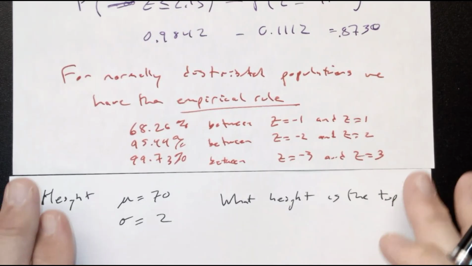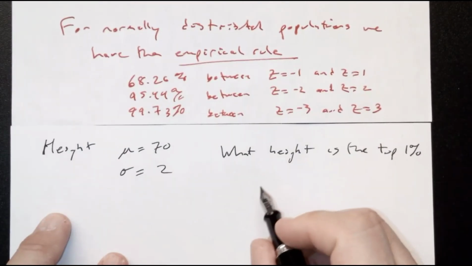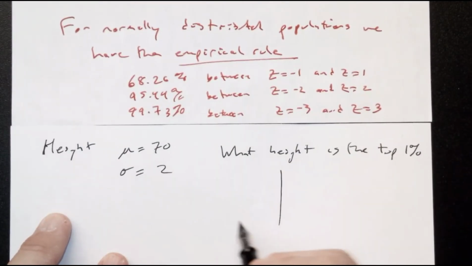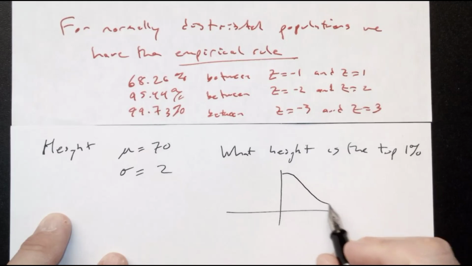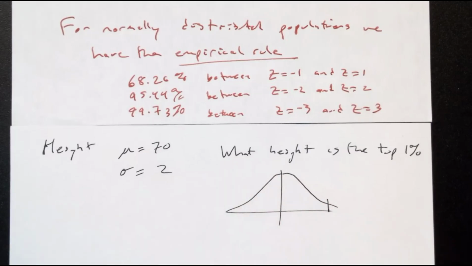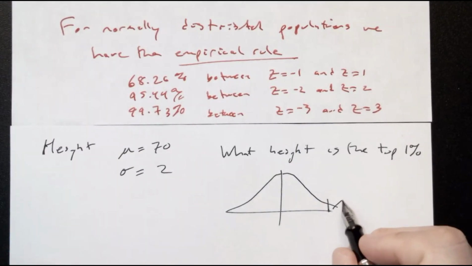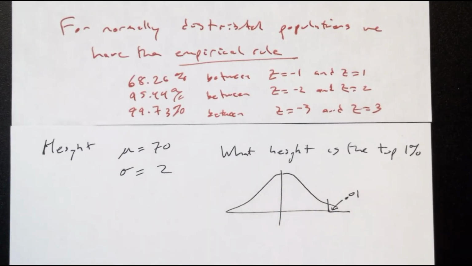But let's think about our normal distribution again. What I'm really asking you to do is to figure out where this area is 0.01. Where's the cutoff for 0.01?